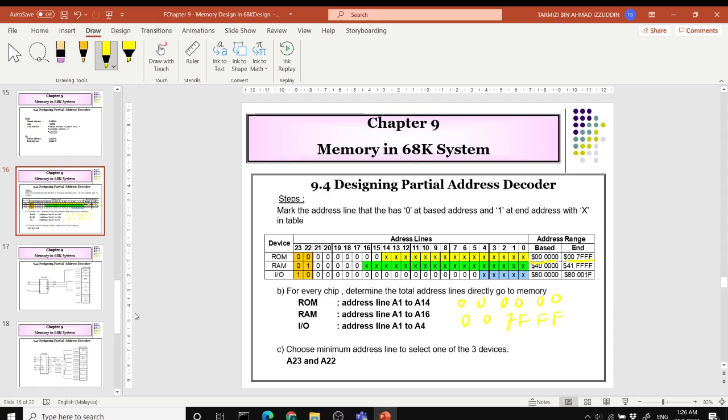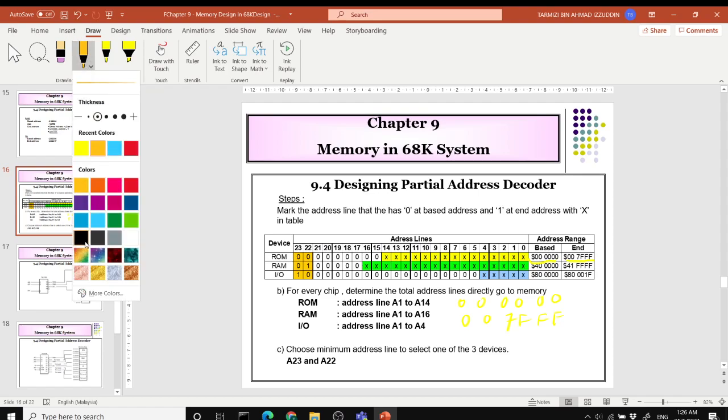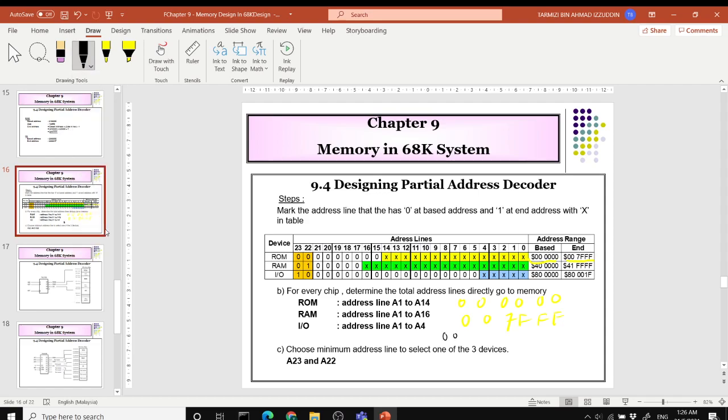So you can imagine from 0000 to 7FFF. Written in binary format, this part is 0000, this part is also 0000. 7 means this part is 0111, and the FFF part is all 1111 1111 1111.